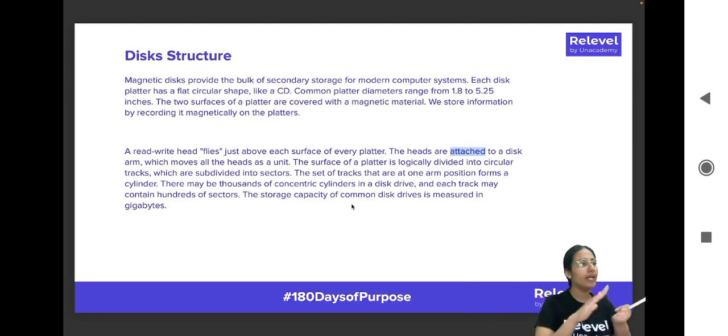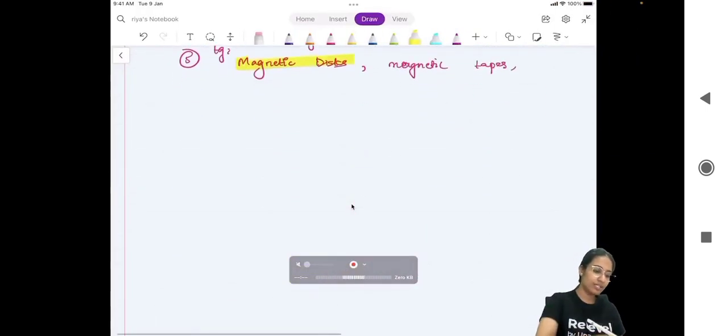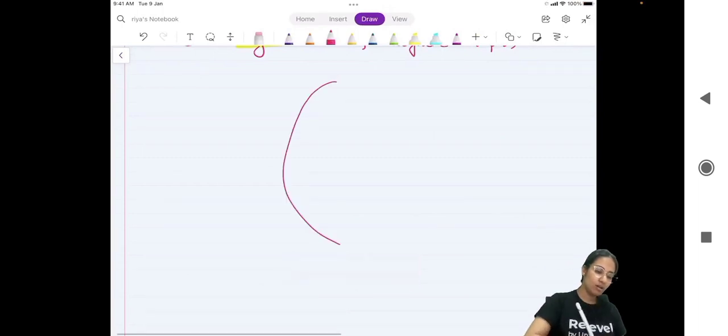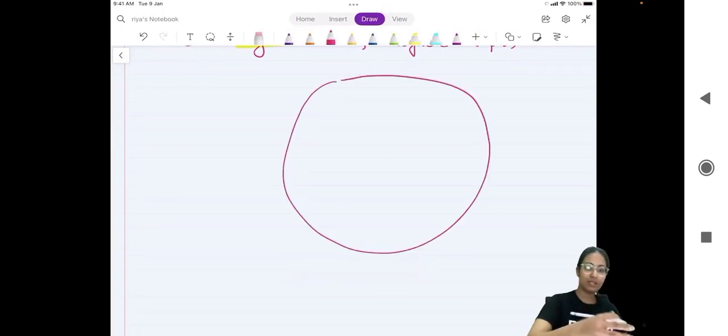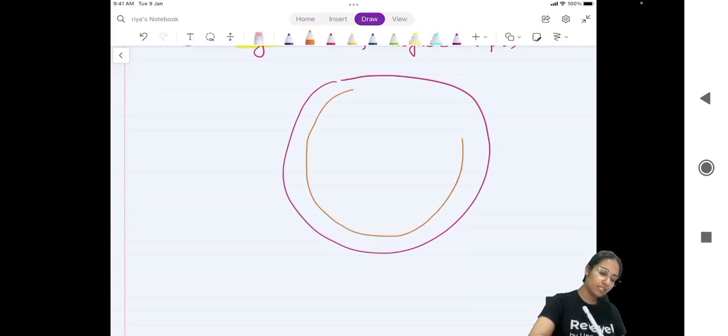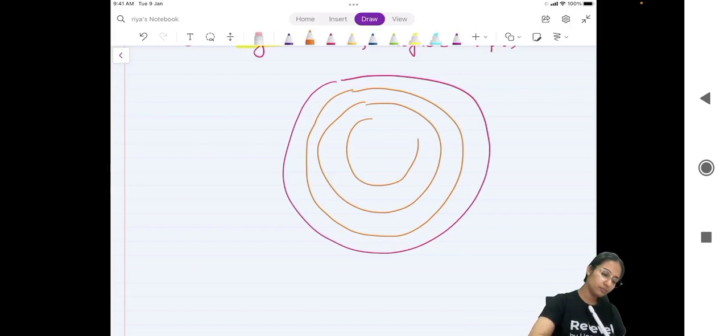All the heads together move as a unit, and the surface of each platter is logically divided into circular tracks. Let's think of it like this. I'm showing you a top view. Let's say this is a disc. Now this disc is always divided into tracks. This is one track.